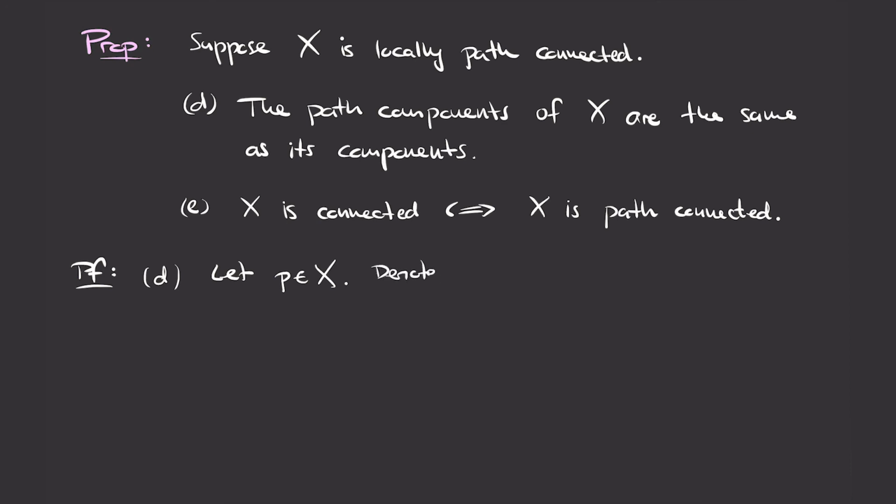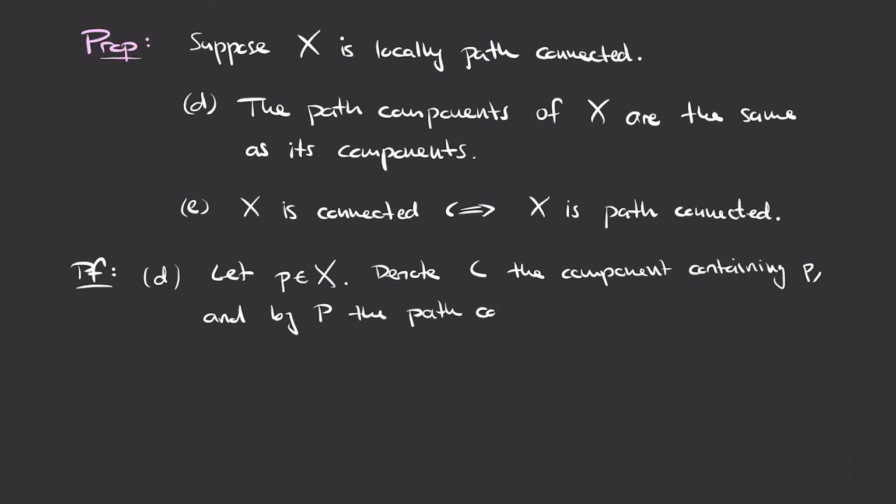So we denote by C the component containing P, and by P' the path component containing P. Okay, so maybe let's draw a picture of this. So we have our point P, then P is contained on the one hand inside some component C, and also on the other hand inside some path component P'.